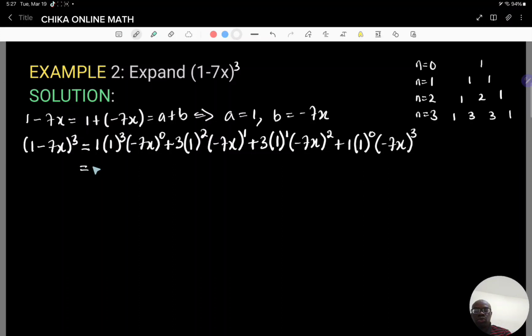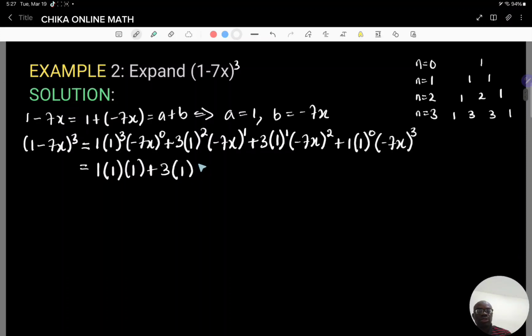So this is equal to 1 times 1 raised to the power 3, which is 1, and minus 7x raised to the power 0. Any number raised to the power 0 is 1. Plus 3, then 1 squared, 1 times 1, which is 1, minus 7x raised to the power 1 will give you the same minus 7x. Plus, then 3, then 1 raised to the power 1 is 1. Then minus 7x raised to the power 2.